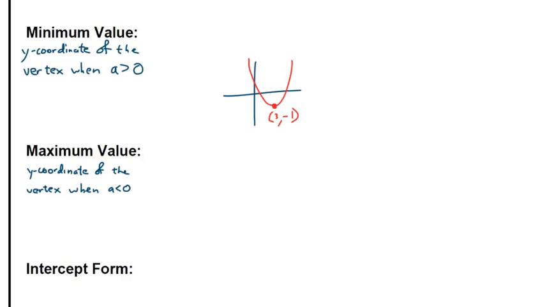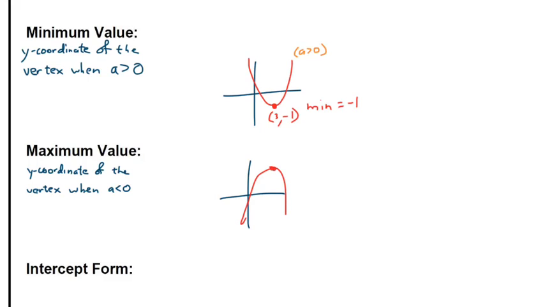Let's just call it that. Alright? This is when a is bigger than 0. That is a minimum. In this case, a is bigger than 0 because it's pointing up. Alright? So the minimum equals negative 1.